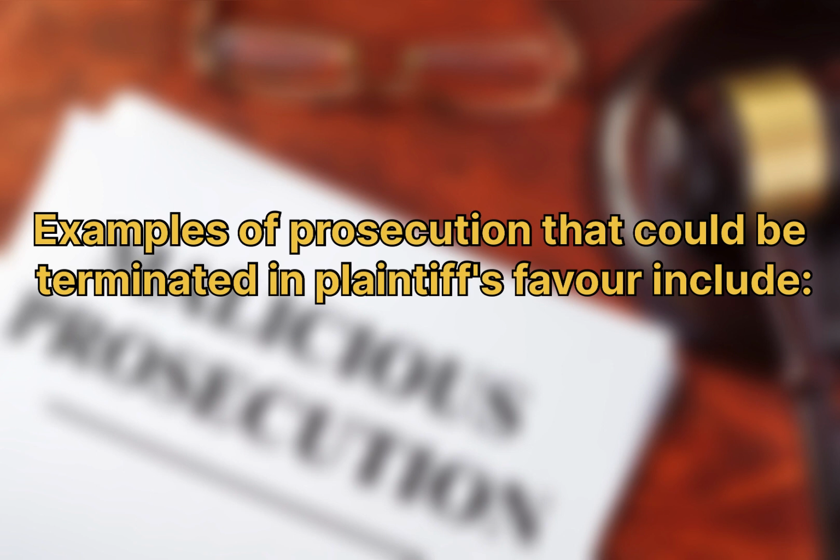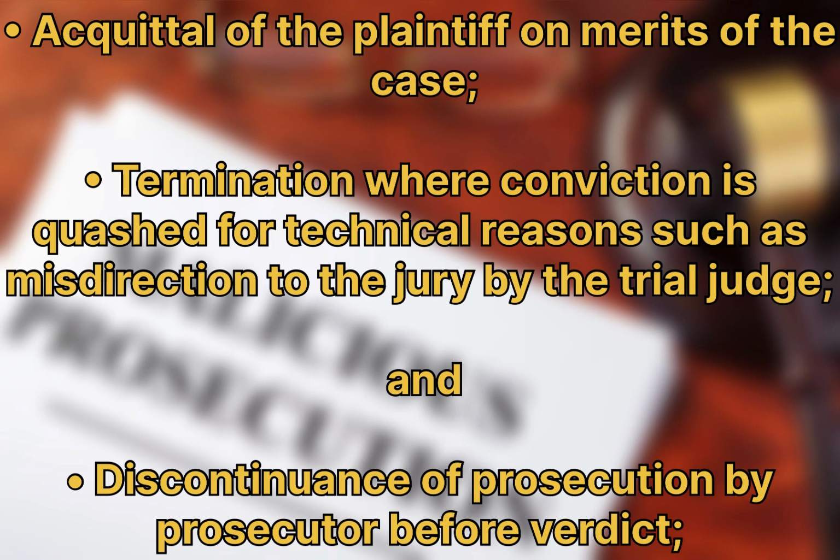Examples of prosecutions that could be terminated in a plaintiff's favor could include the acquittal of the plaintiff on merits of the case, termination where conviction is quashed for technical reasons such as misdirection to the jury by the trial judge, and discontinuance of prosecution by the prosecutor before the verdict.